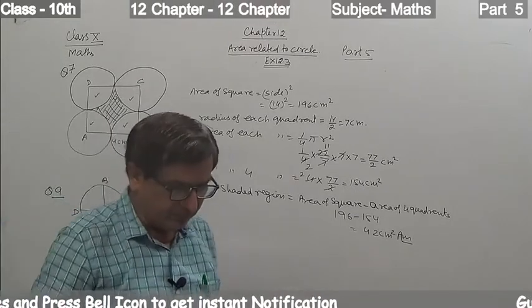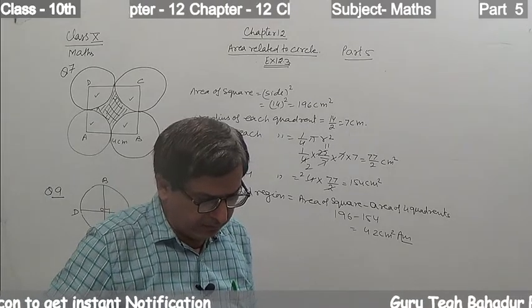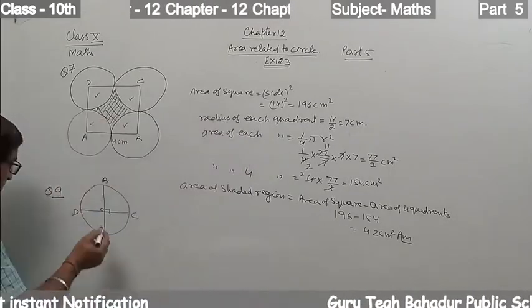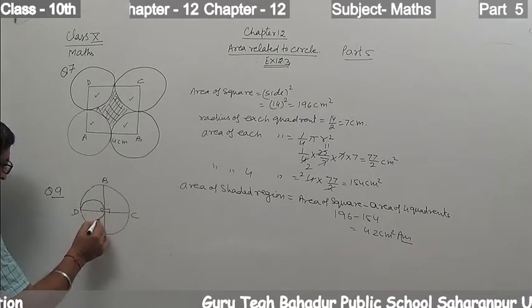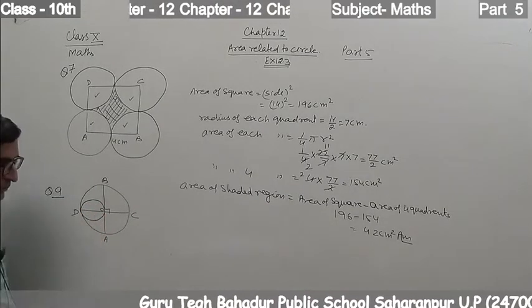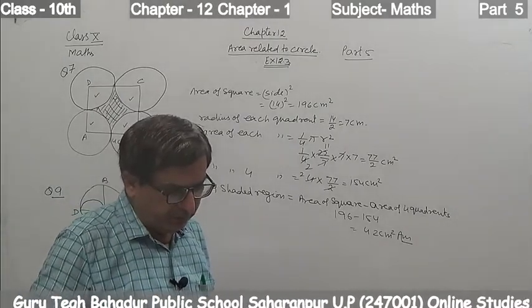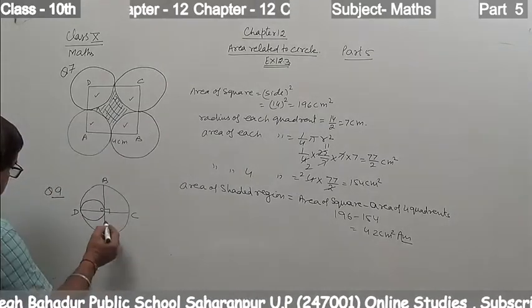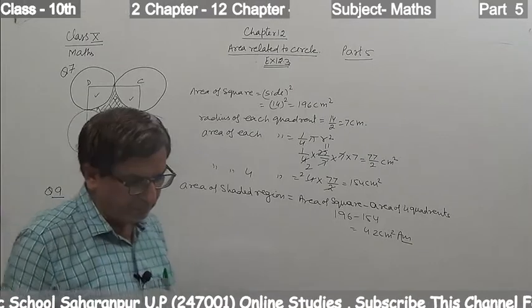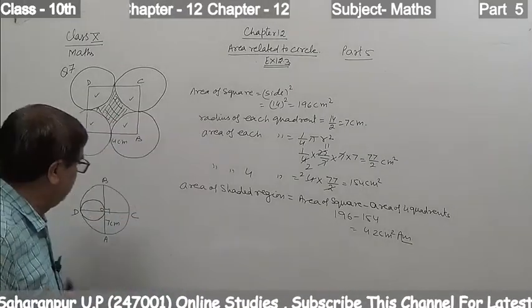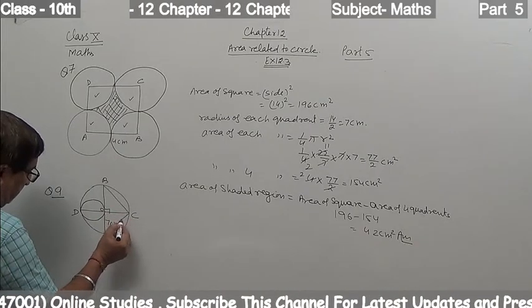OD is the diameter of a smaller circle. This is a smaller circle. If OA is 7, this is 7 centimeter, find the area of the shaded part.